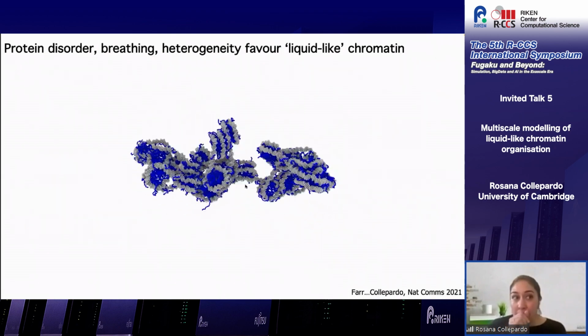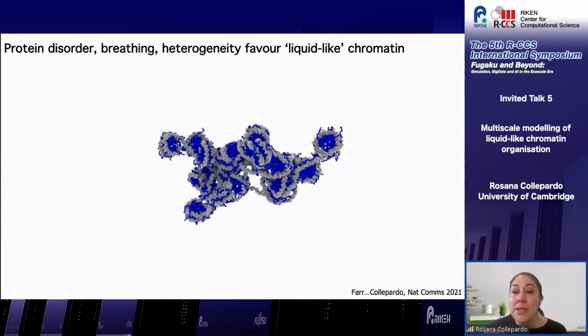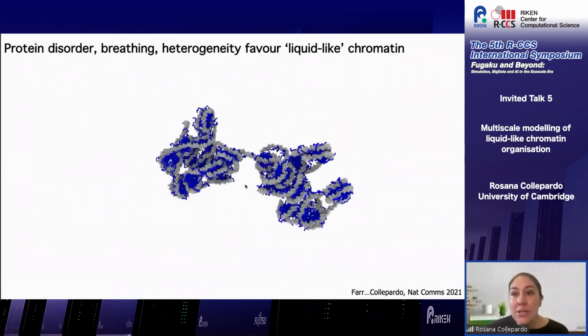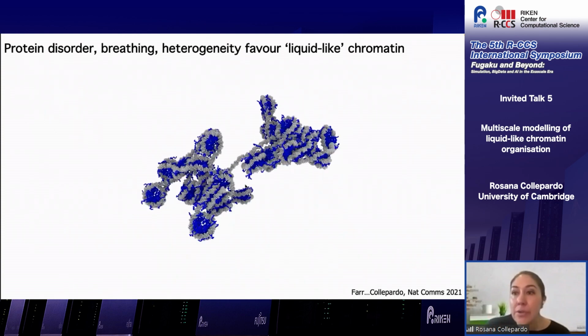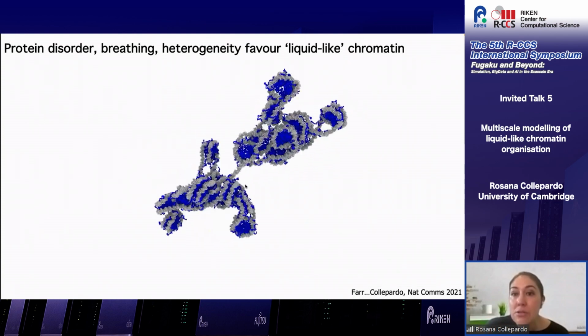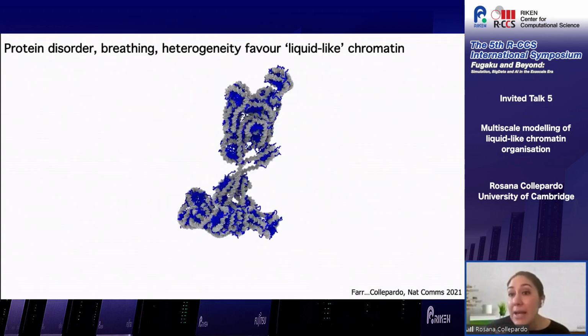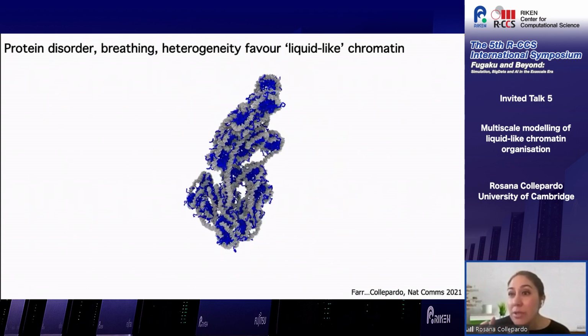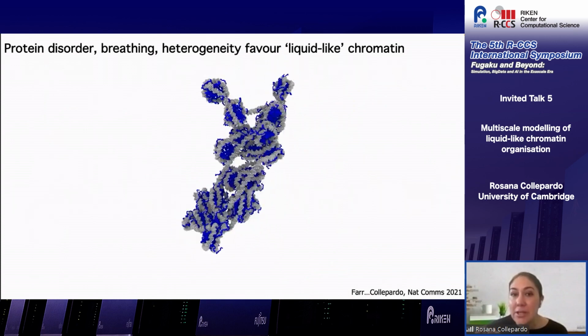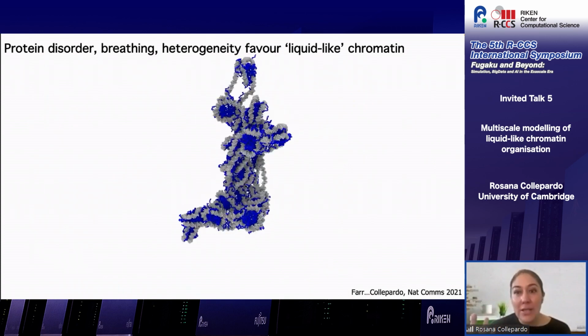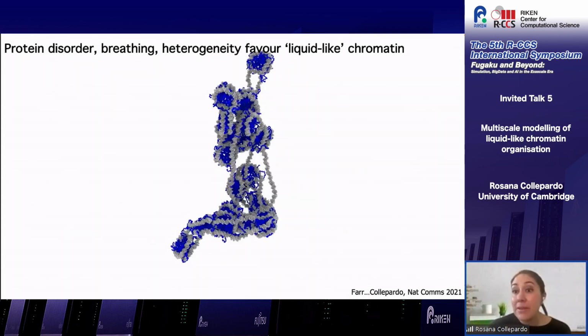So in summary, what I've told you so far is that our simulations and also experimental work of our collaborators reveal that this fiber-like organization of chromatin, these regular systems, is actually very fragile. It needs regularity to emerge, and different sources of heterogeneity, including protein disorder and nucleosome breathing, favor liquid-like behavior.